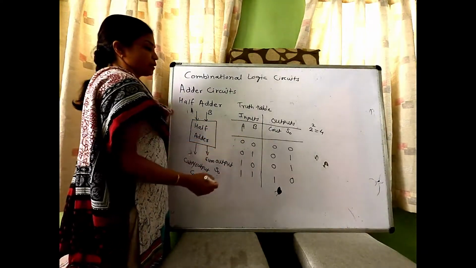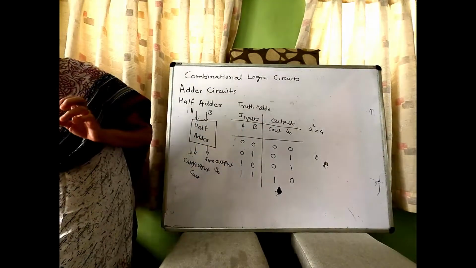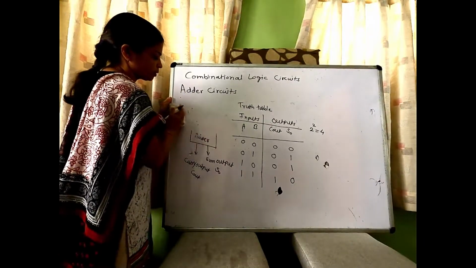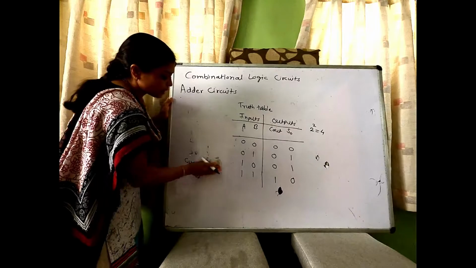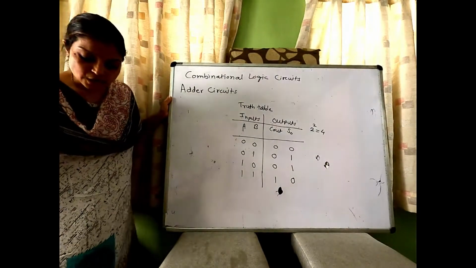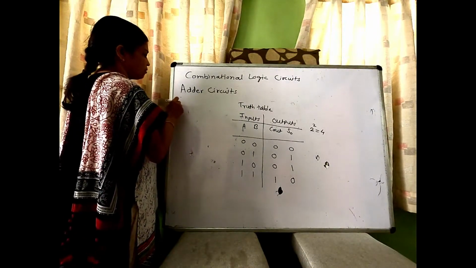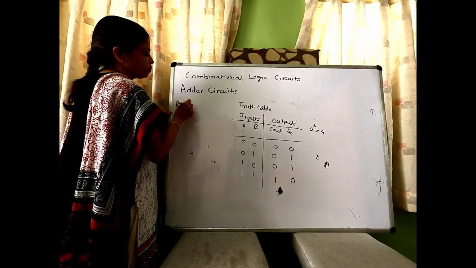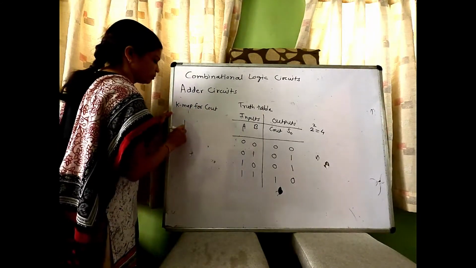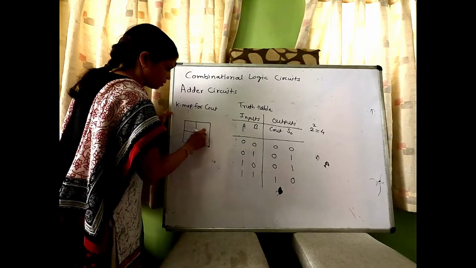Using this truth table, now for the outputs, we will find out the Boolean equations using the Karnaugh map. As here we have two input variables, we will go with the two variable K-map. So here we will make the K-map for Cout. This is the two variable K-map.